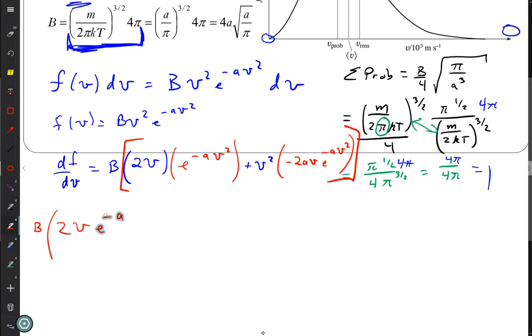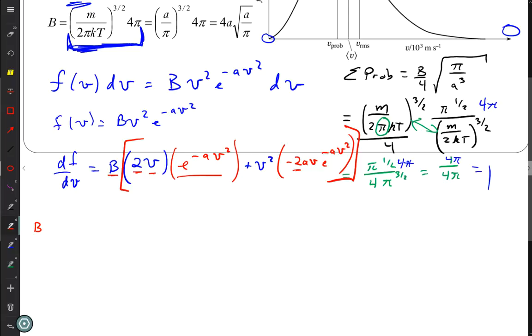I'm going to factor differently. Everything has a 2. Everything has a b. Everything has a v. And everything has an e to the minus av squared.